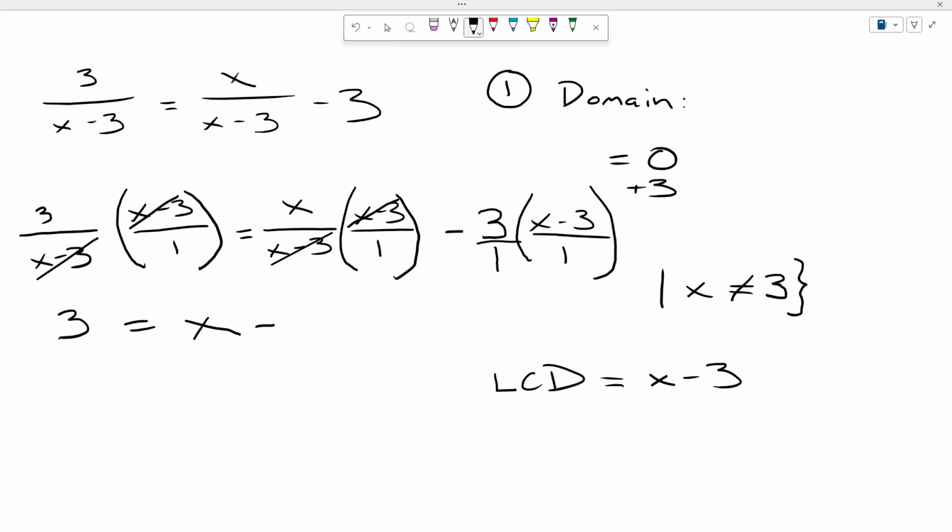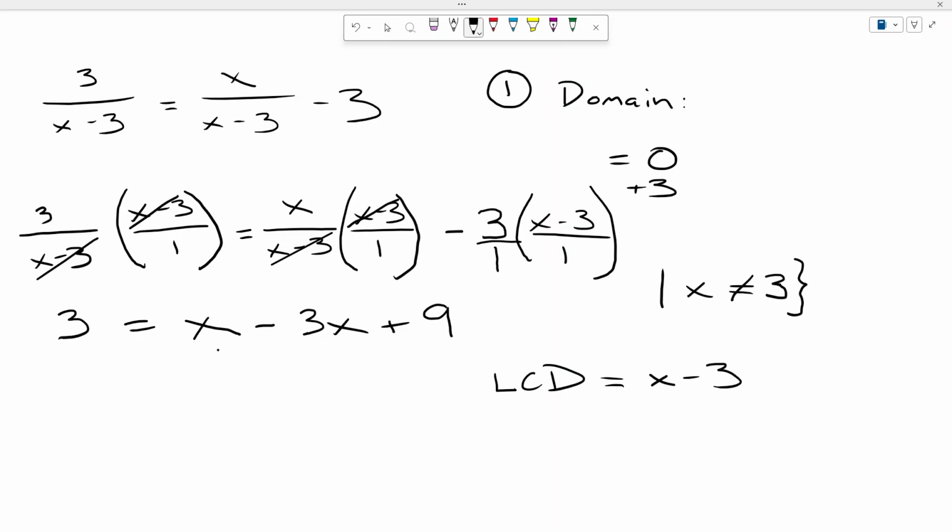We have 3 times x, we have 3x, and then we have a negative 3 times a negative 3. A negative times a negative will get us a positive, so we'll have positive 9. And then obviously it's just divided by 1, so we're good there. So we have 3 equals x minus 3x plus 9.